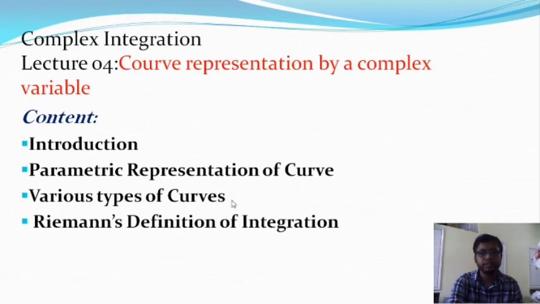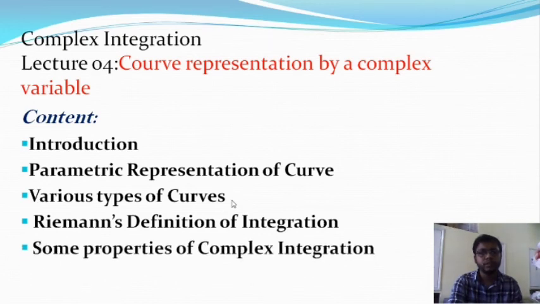In this section we will study the integration on a simple curve, and you know the simple curve is where the beginning and end point are not coincident. After that we are going to discuss some properties of complex integration in this lecture, and then we'll talk about some related examples of curve representation by complex variables.